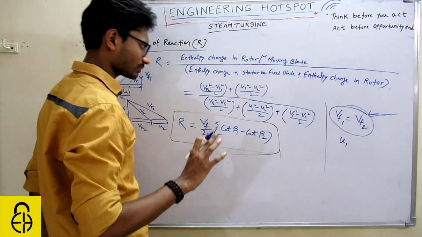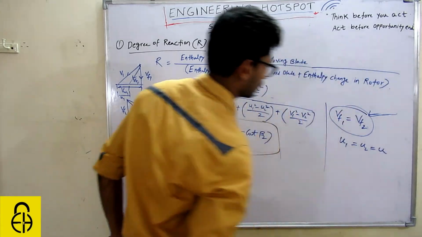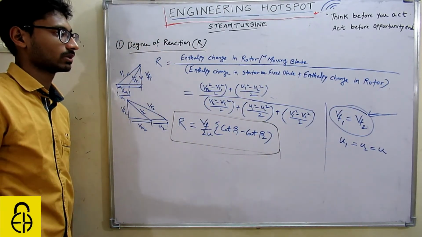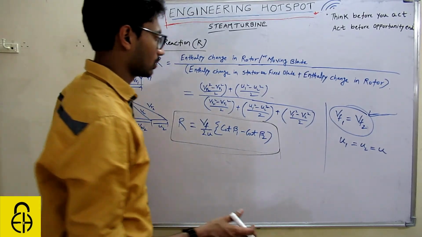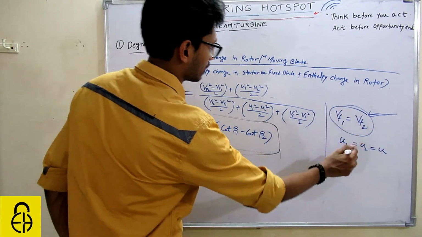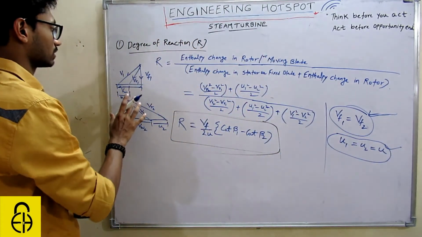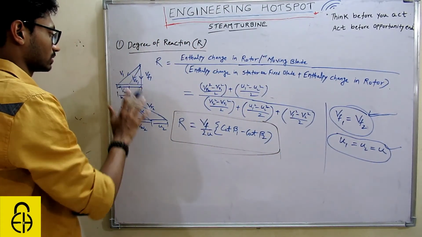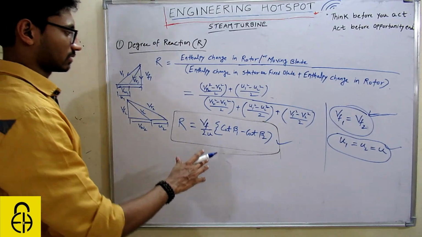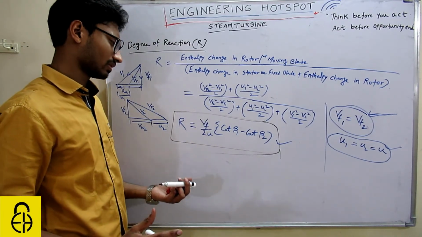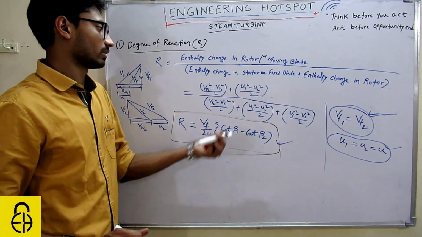And in this case, U1 is equal to U2 is equal to U. In some cases U1 and U2 may not be equal, but I am taking U1 and U2 to be the same. If you use these two things and apply trigonometry to this velocity triangle, you will land on this expression. You can remember this expression because it will be very useful to solve objective type problems directly without solving.